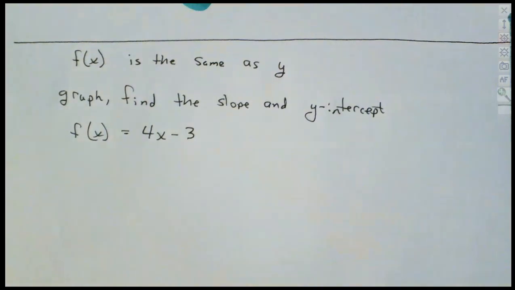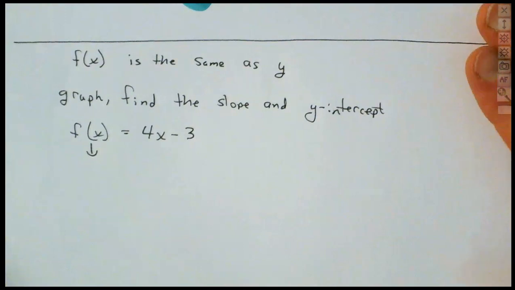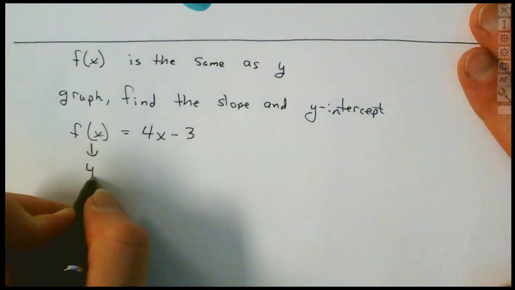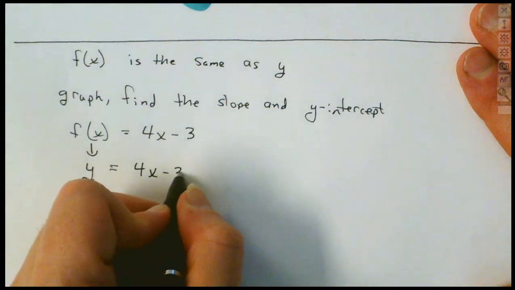So now, when we go to graph this and work with it, we know that f of x and y can be used interchangeably. So that means that we now can rewrite this as y equals 4x minus 3.